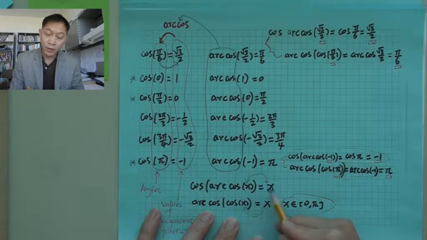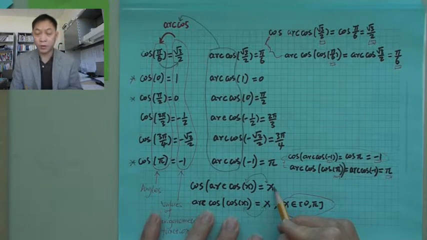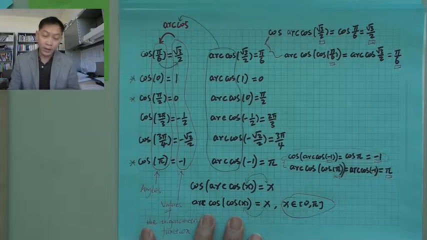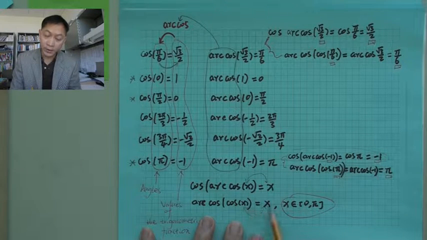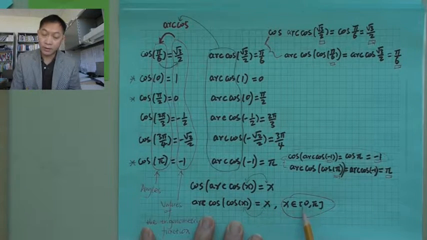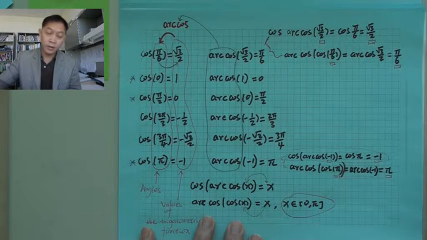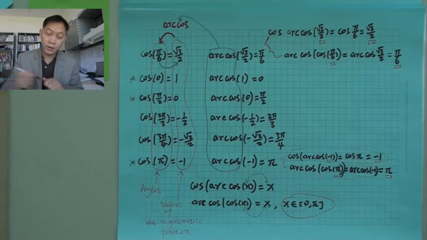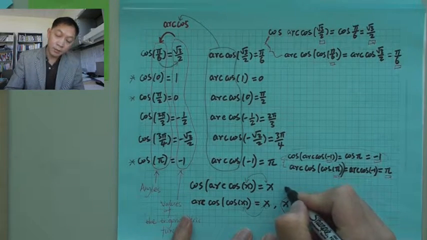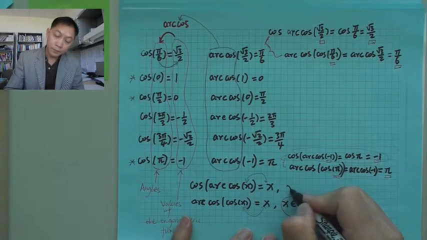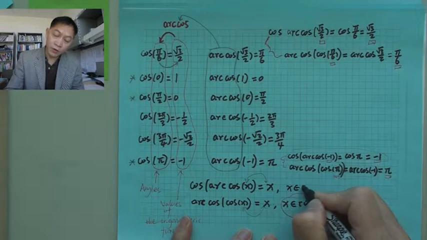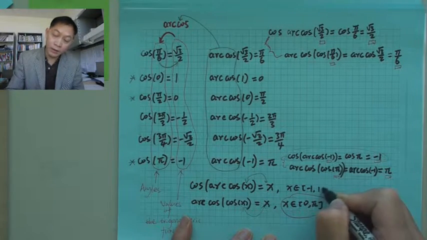In this case, those two are values of the trigonometric function cosine; in this case, they are angles. And angles must be inside. Here, x is from 0 to pi. How about the x here? The x here is from -1 to 1.